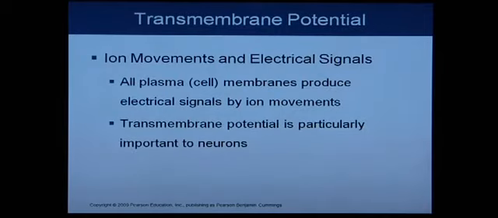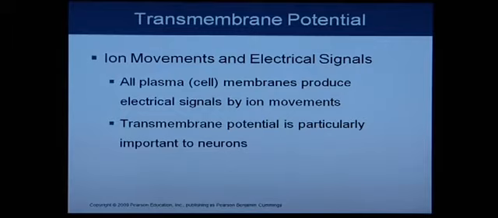So we first have to understand what a transmembrane potential is, and this is something we do go over in general biology before we get to anatomy. And transmembrane potential, we're going to look at ion movement and electrical signals. So all plasma or cell membranes produce electrical signals by moving ions.